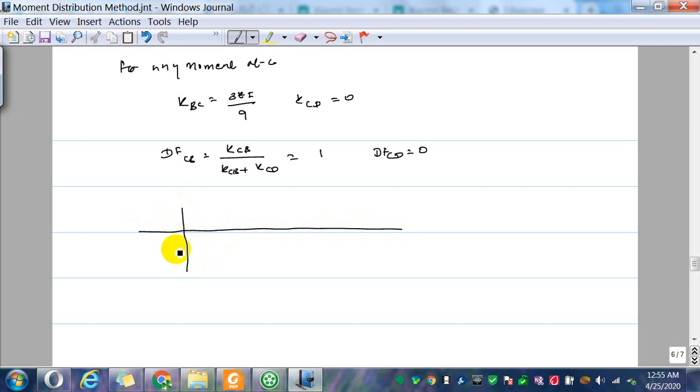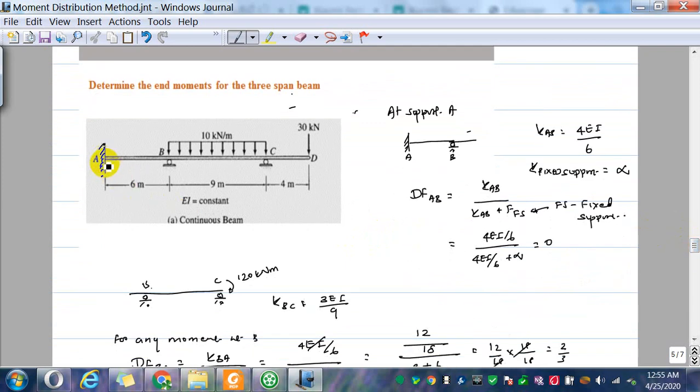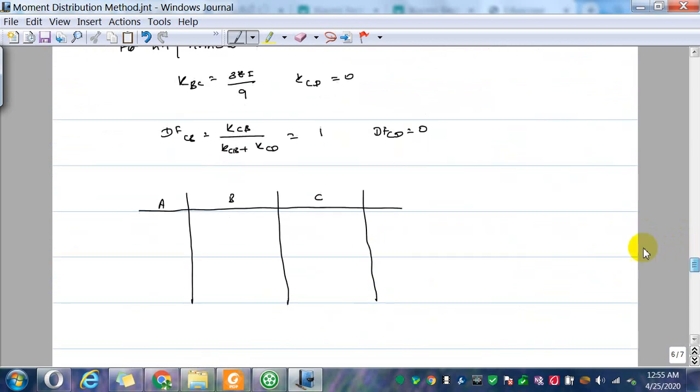My app doesn't allow me to draw a straight line, but that is okay. So A, B, C, these are the 3 points. A where there can be moment, B, and C, and D is a free end, so I'm not worried about D. Let me mark D also.